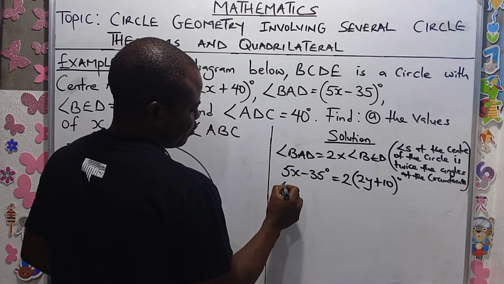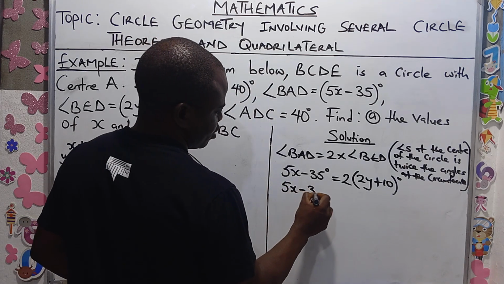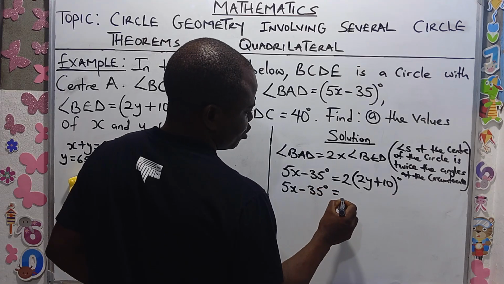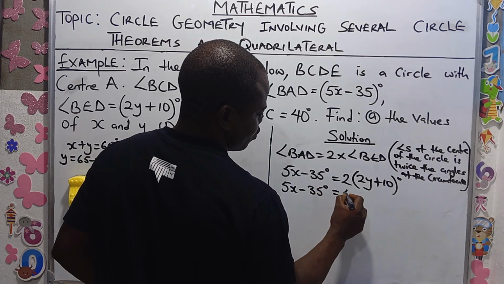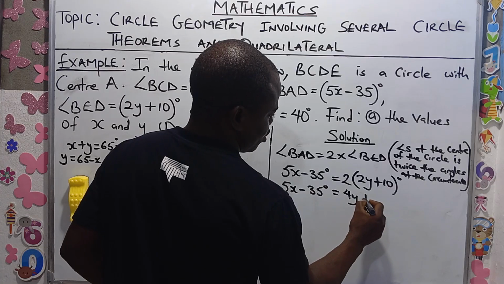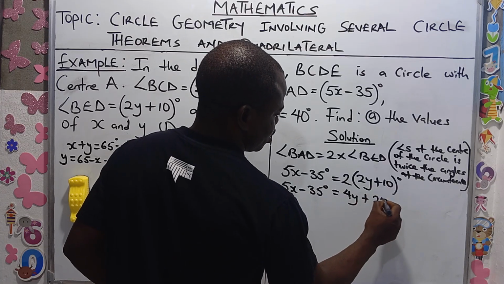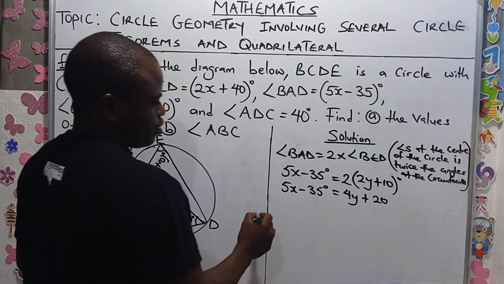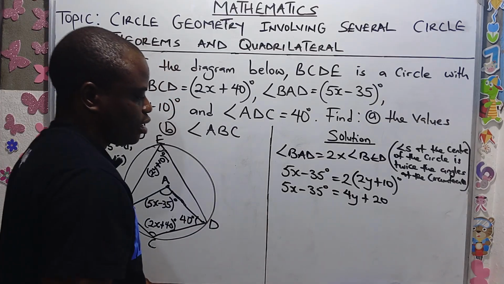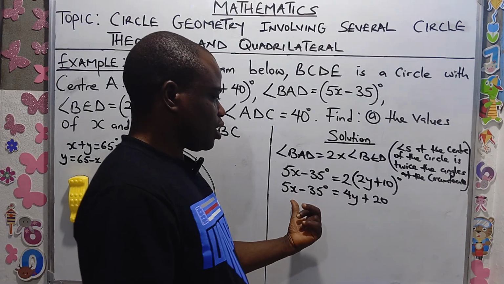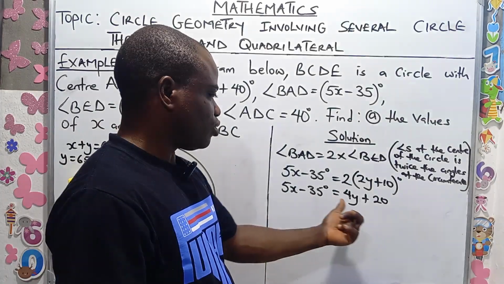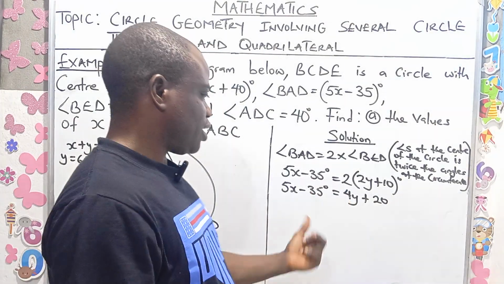Now you have 5x minus 35 degrees. Let's open the bracket. 2 times 2y, that's 4y, plus 2 times 10, that's 20. Now let's bring 4y across the equal sign to the left hand side. 4y will now turn to negative 4y.